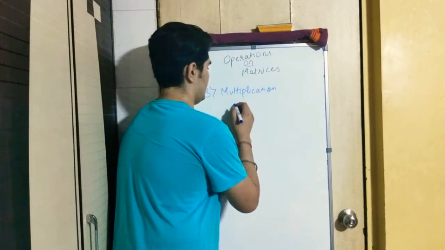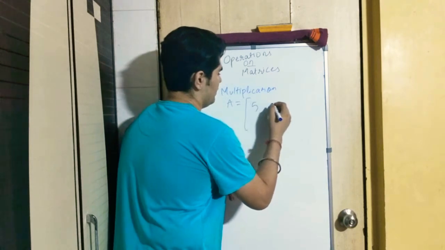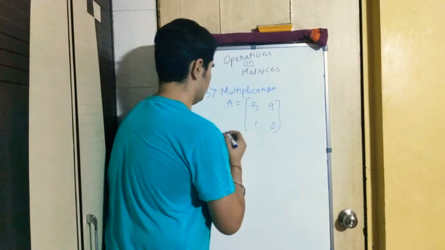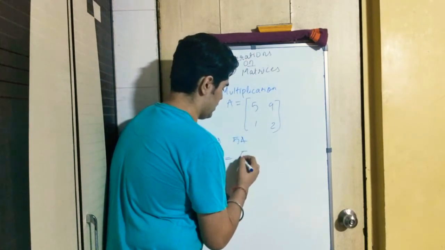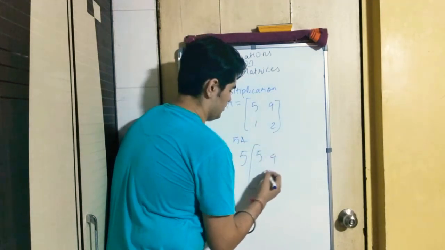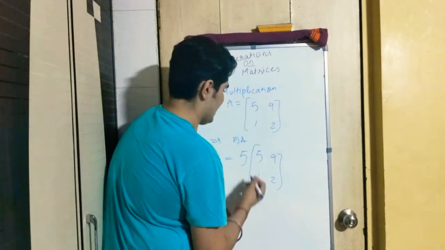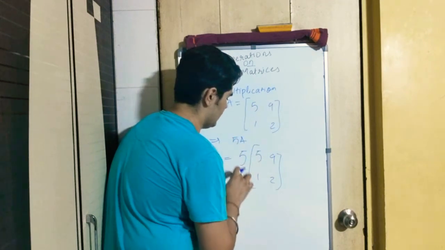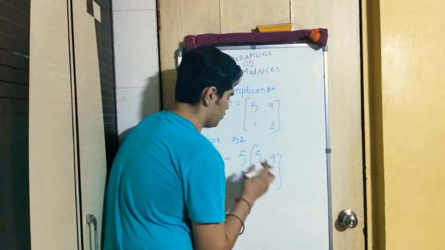So if here I have a matrix A, 5 9 1 2, and I am asked to find 5A, I multiply 5 with A, and we have to multiply this number with each and every element inside the matrix.